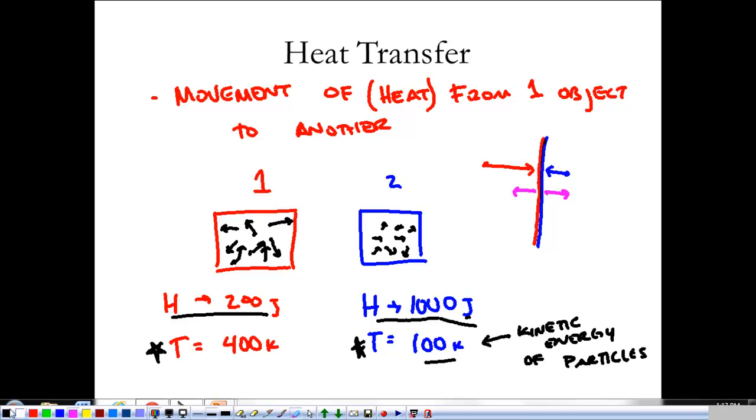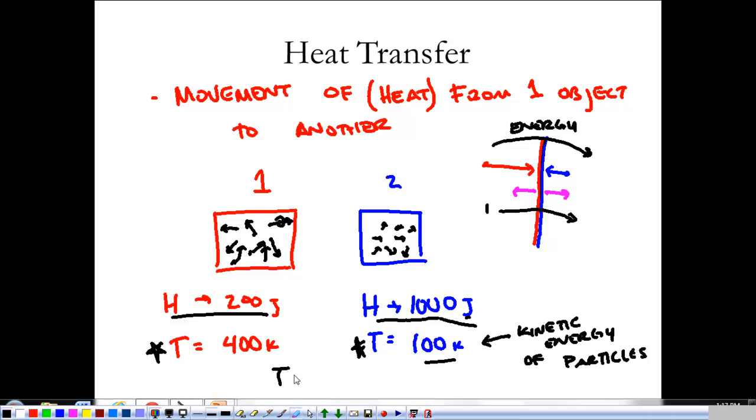And we see overall in that collision that the net energy flow was from object 1 into object 2.